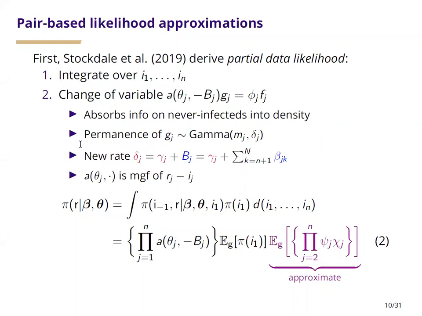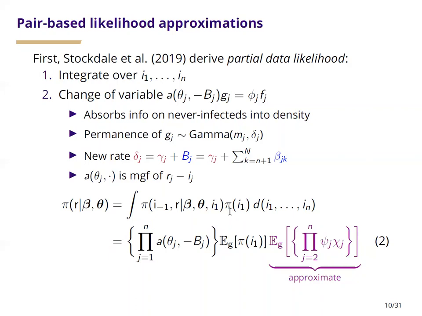Now, here we have a nice permanence of these new densities, GJ, such that they're still gamma distributed. And we have the same shape parameter, MJ, with a new rate, delta J. And here I'm describing what delta J is. It's essentially the removal rate plus some information from the never infected.